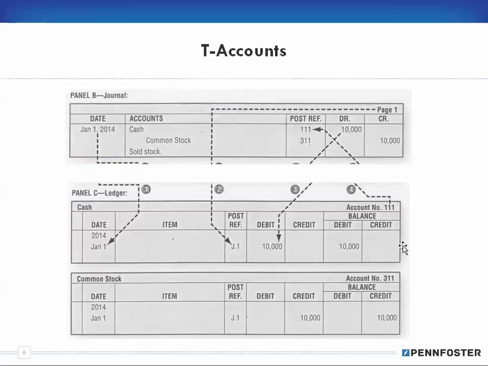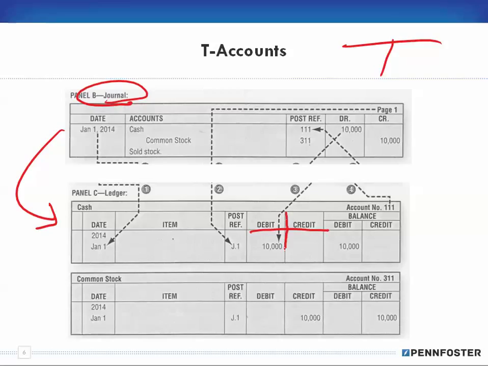So once all the transactions are posted into the accounts. That's what this slide was, and I just got done explaining that. We have our journal entries, and they're posted into the ledger accounts, but the book is using T accounts to represent that. The reason they're using a T account is because, when you look at an account, this is the cash account, so we could call this cash.